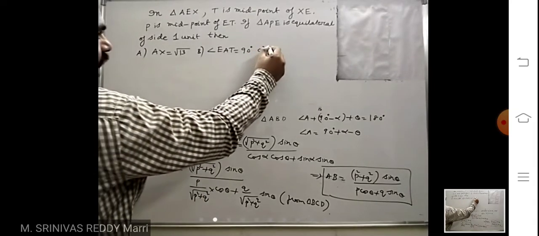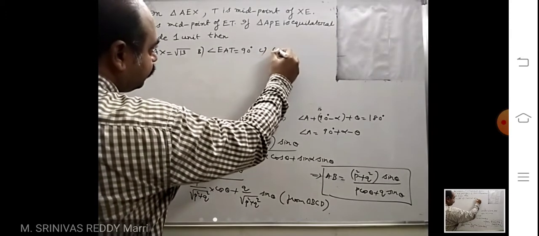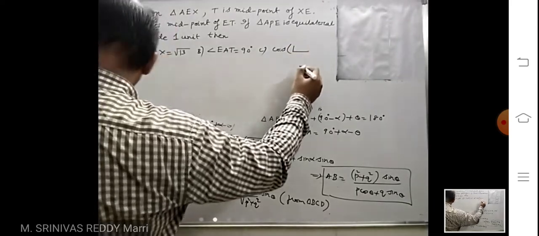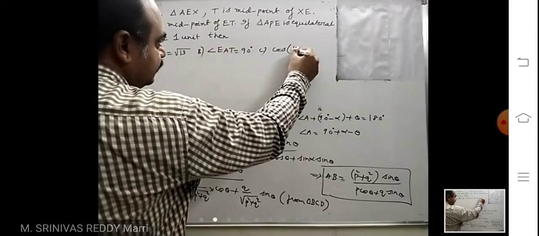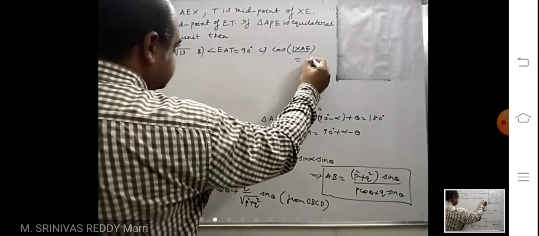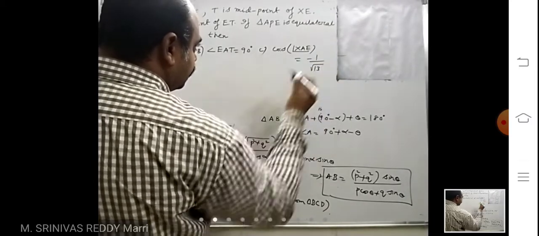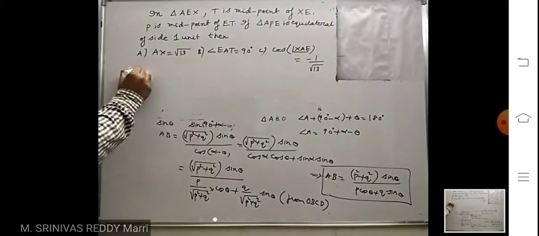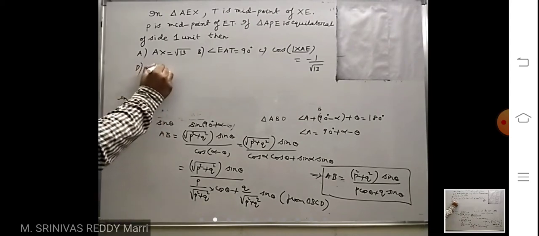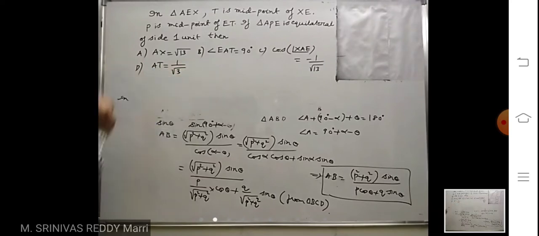Option C: cos of angle XAE equals minus 1 divided by root 13. Option D: AD equals to 1 by root 3.